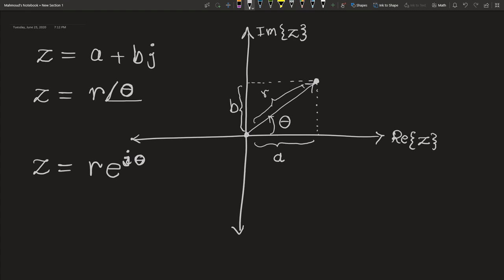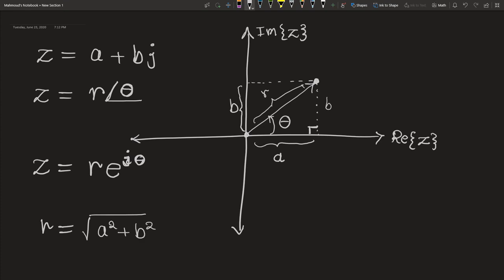So R is in fact, as you can see from geometry, like, this is a right angle triangle, right, and this is B. So we can see that R is going to be equal to, by Pythagoras' rule, the square root of a squared plus b squared, right?